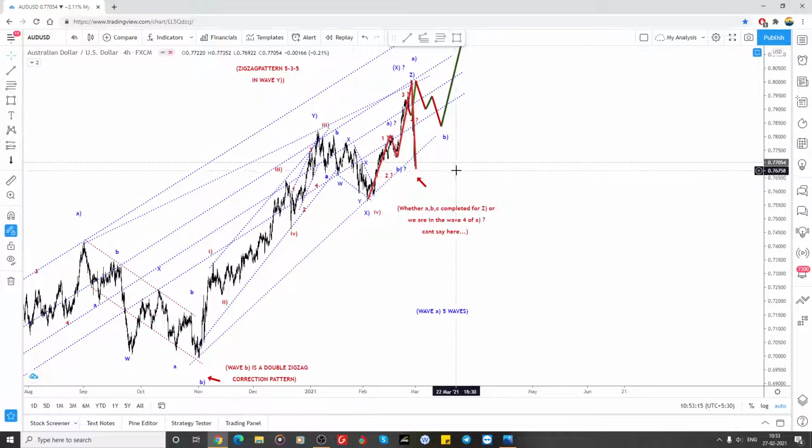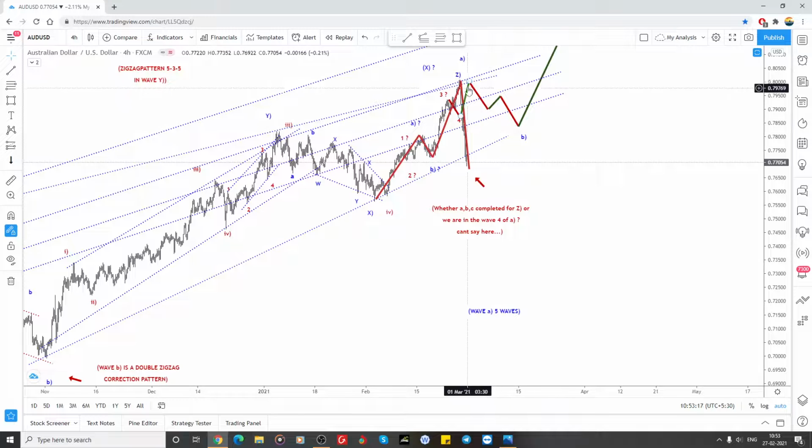But in some cases, as I said, if it is making a 5-wave structure, that could be an A, and after that the B and C. But here it already did the 3-wave structure, and massive rejection means it has already ended here. So that is the conclusion for me.